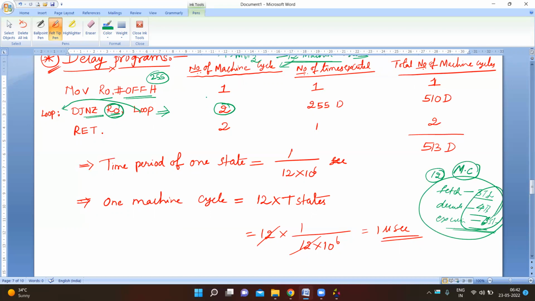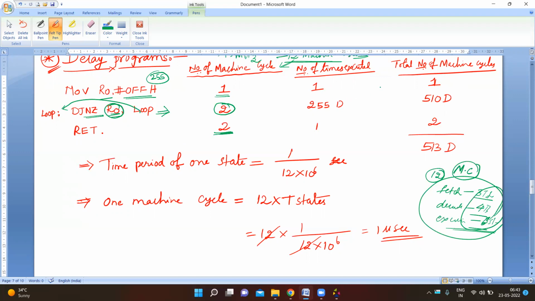The next instruction requires only one machine cycle, and the return instruction needs two machine cycles. Why? Because whenever a return instruction is there, the last program counter main address is pushed onto the stack, so we need to pop it. That's why we require two machine cycles here.